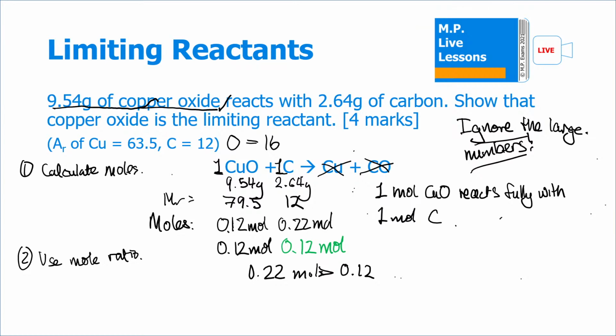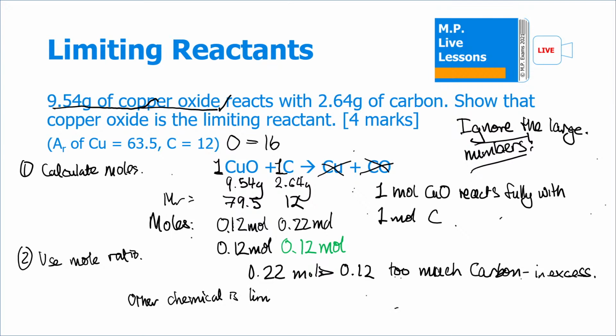So therefore, we have too much carbon. So carbon is in excess. Therefore, the other chemical is the limiting reactant, because this will run out first.